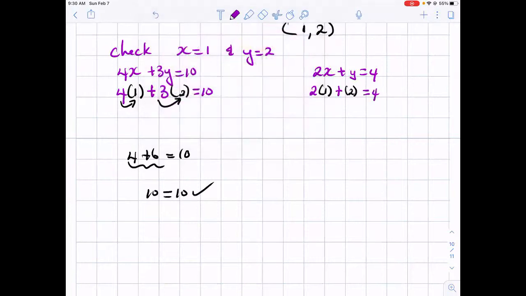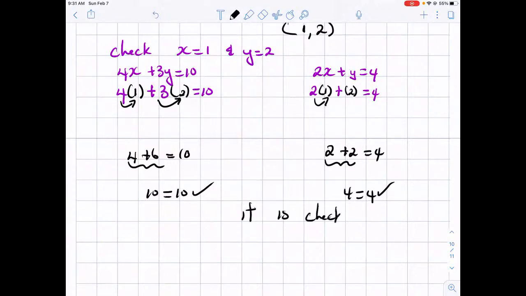Simplifying this, we have 2 times 1 is 2, and then plus 2, and 2 plus 2 is 4, equal to 4, so this checks. So it is confirmed, it is checked.